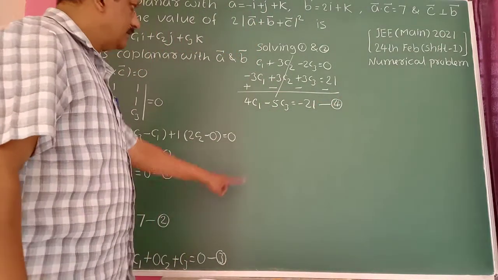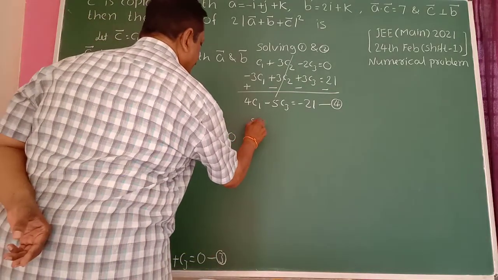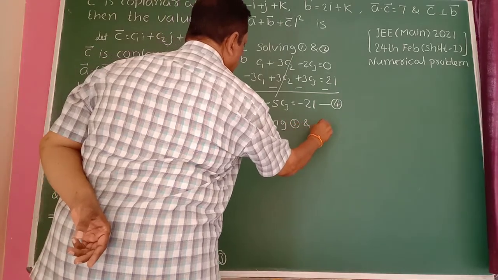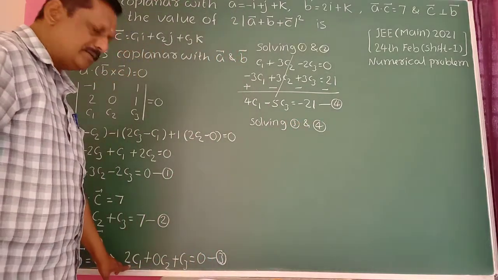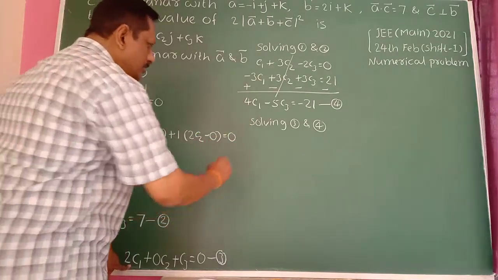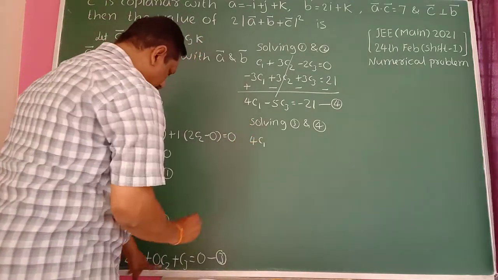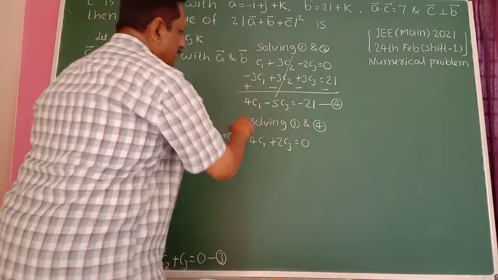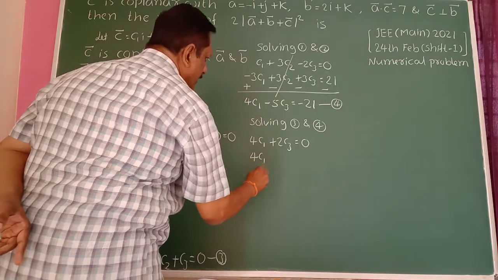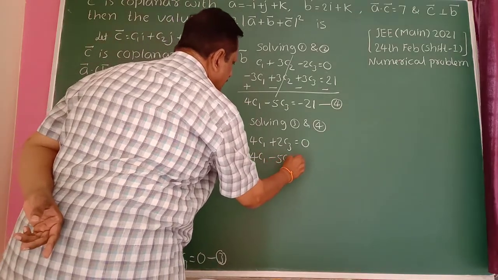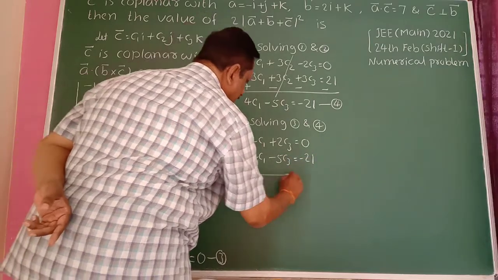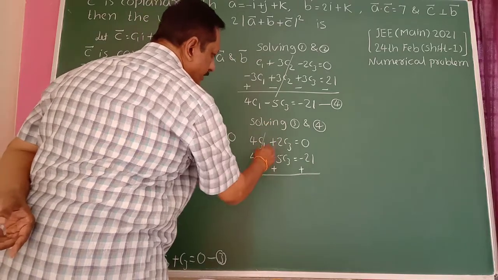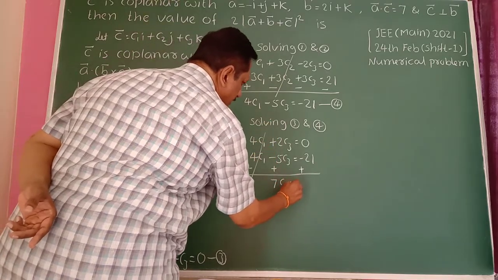Then solving equations 3 and 4. Multiply equation 3 by 2, because there is 4C1: 4C1 plus 2C3 equals 0. Then 4C1 minus 5C3 is equal to minus 21. Change the sign and cancel: 5 plus 2 becomes 7, so 7C3 is equal to 21.